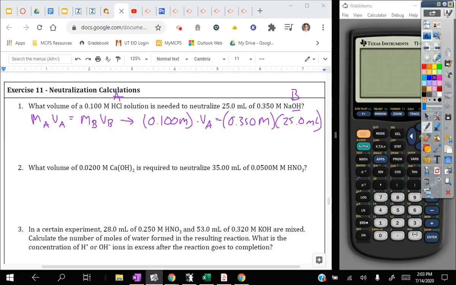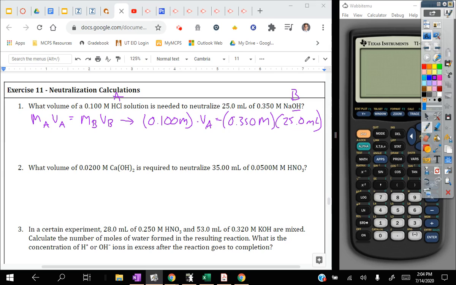Now, something I should say, even though before we were talking about moles and liters being needed to cancel, it is okay if you plug milliliters into your equation, because milliliters is the same as liters, just different by a factor of 1,000. So if I plug in milliliters into my dilution equation, I should expect another volume that is also in milliliters. If I have two different volumes, one in liters and one in milliliters, then I need to do a conversion and make sure that they are in consistent units.